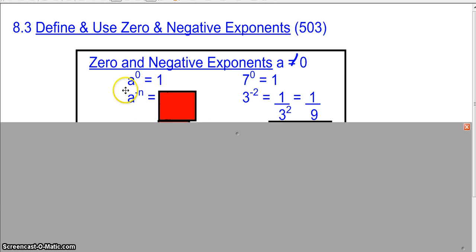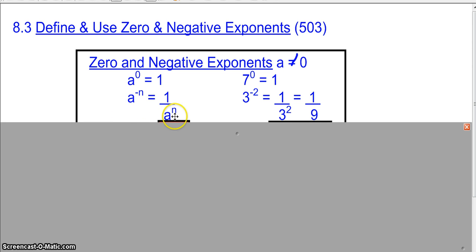So for our rule, when we have a base a to the negative n, we would simplify that to 1 over a to the n. An exponential expression with a negative exponent is not considered simplified.